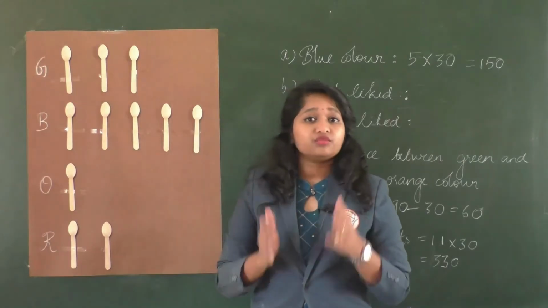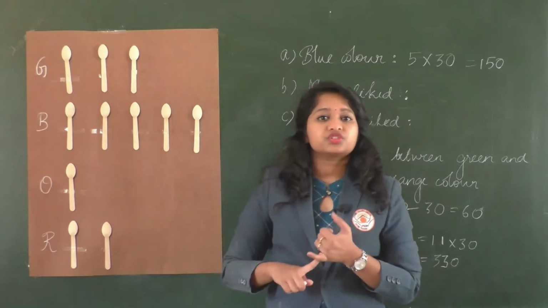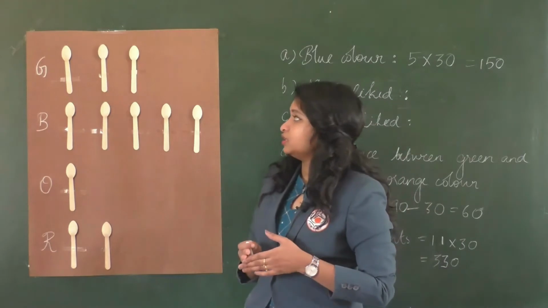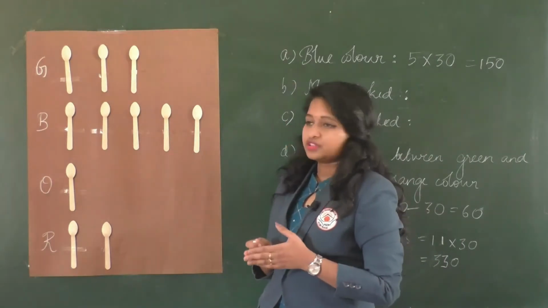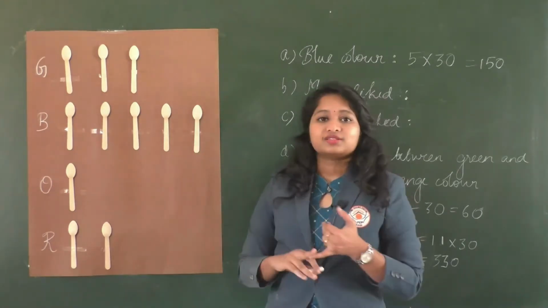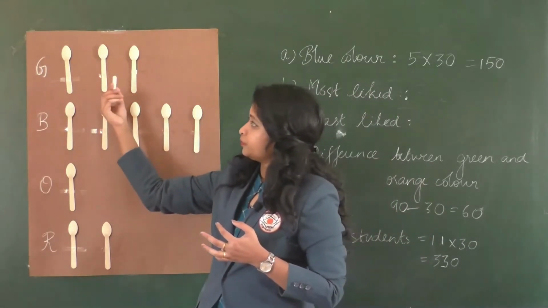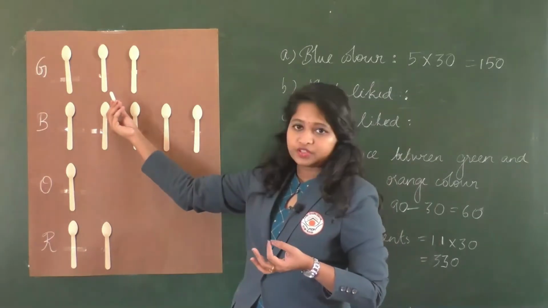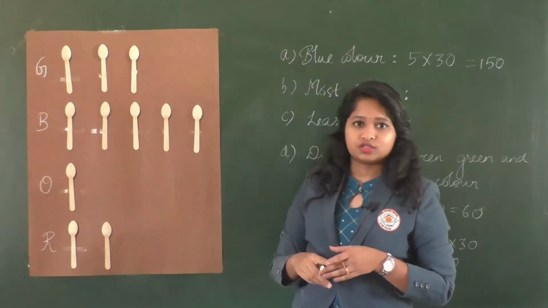This is an interesting way to represent data using pictures or symbols. Here you can see a pictograph which represents the favorite colors of students of class 3 and 4. It is represented using spoons. One spoon represents 30 students.